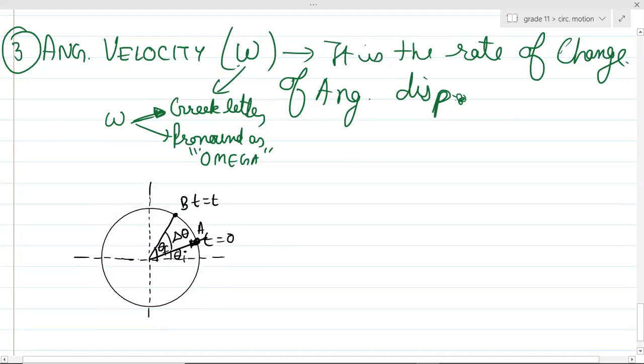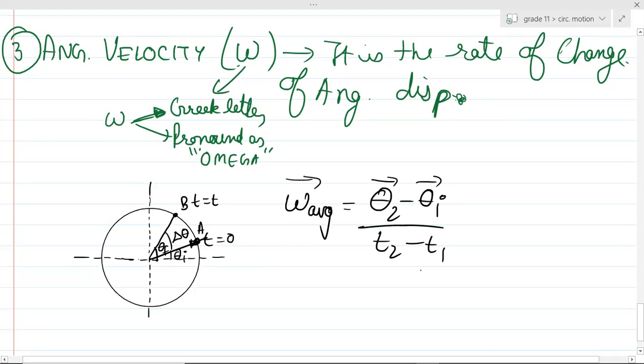Yes or no, guys? So here in this case, the average angular velocity is basically theta 2 minus theta 1 divided by t2 minus t1.